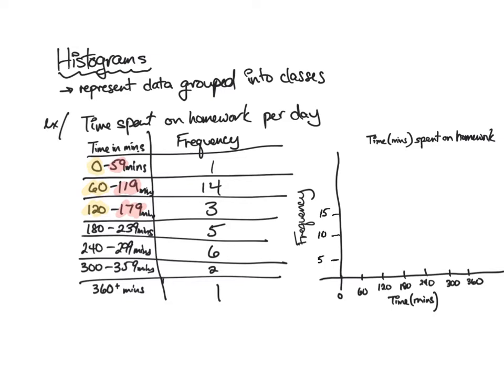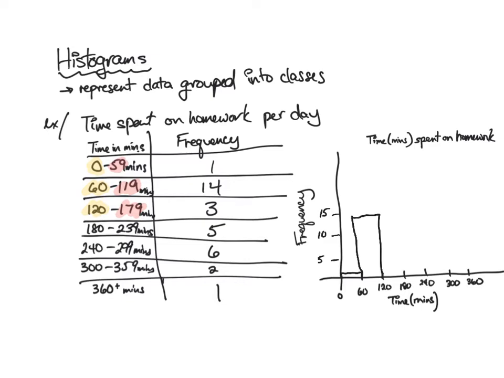So then we would begin. From 0 to 60 had only 1. From 60 to 119 had 14. And you see how in this case the bars are actually touching. There is no separation between them.